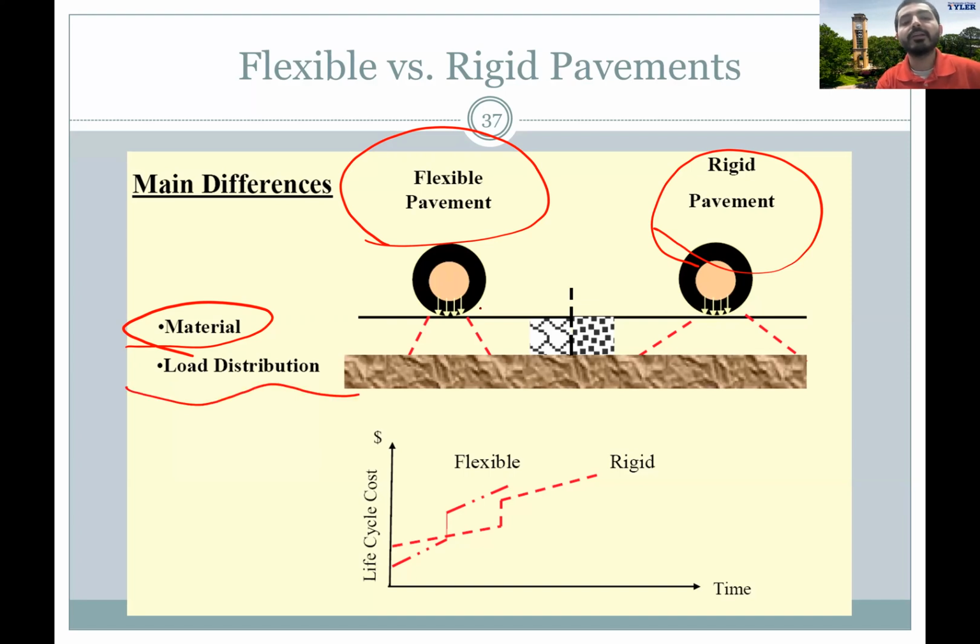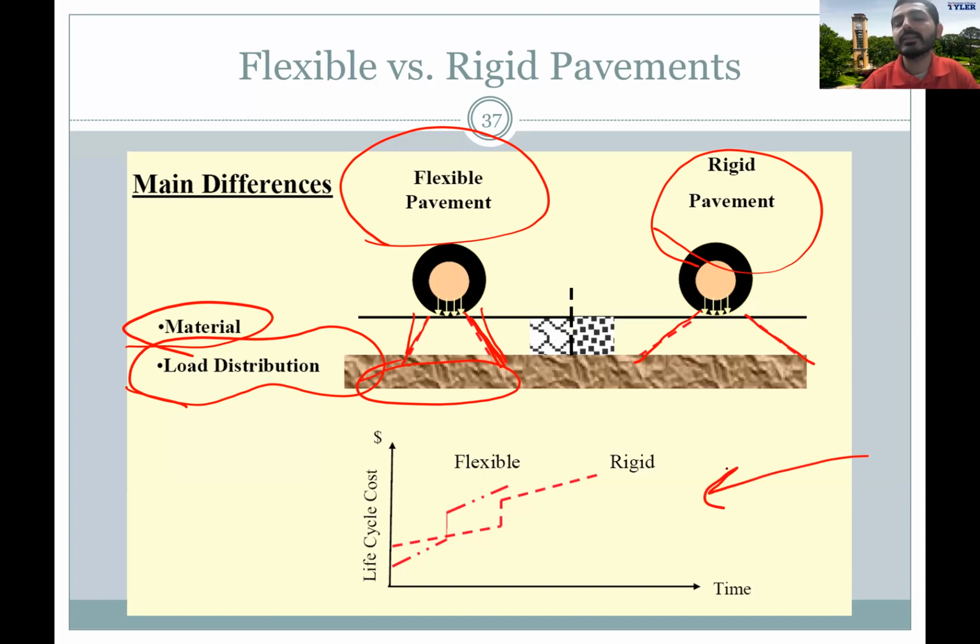The way we transfer loads for flexible pavement, we transfer it at smaller areas, and we depend on each layer to transfer the load all the way to the subgrade. While for rigid pavement, we heavily depend on the top layer, the rigid Portland cement concrete layer, and it typically transfers the load pretty quickly to the subgrade in a wider area.